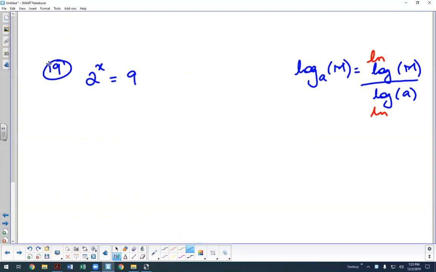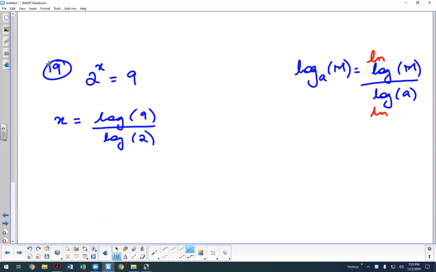Okay? If you remember the formula, it definitely makes your life a lot easier because then we can go directly into x equals log of 9 divided by log of 2, and you can come up with your answer.